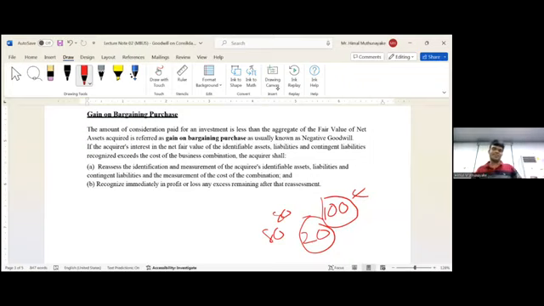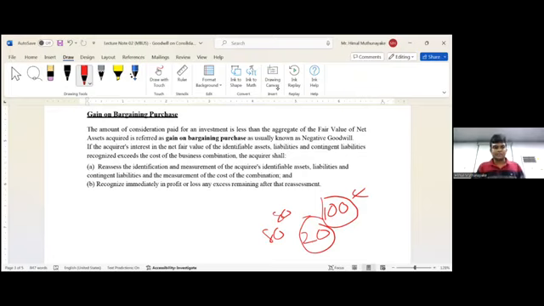So then I can bargain. If I am getting a higher net assets value by investing a lower value, then we are generating the gain on bargain purchase, or we can say profit on bargain purchase, or also negative goodwill.